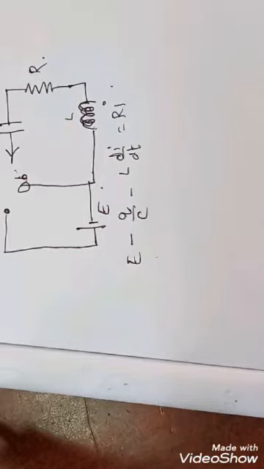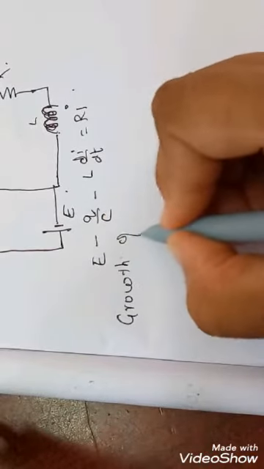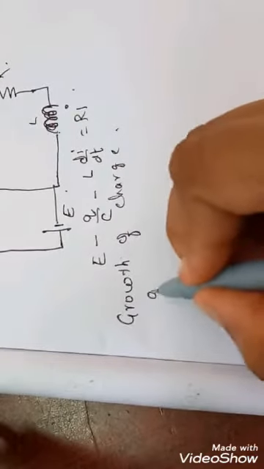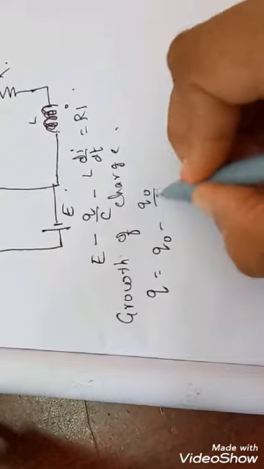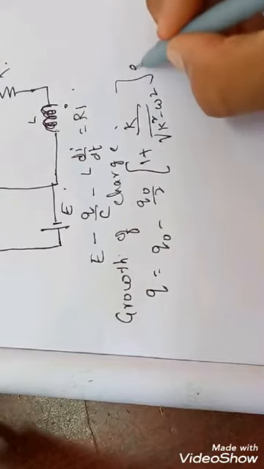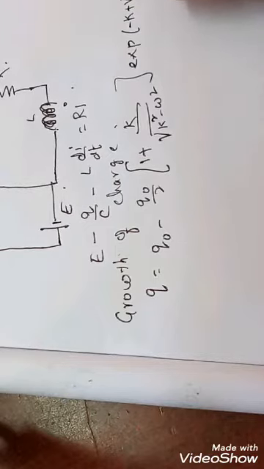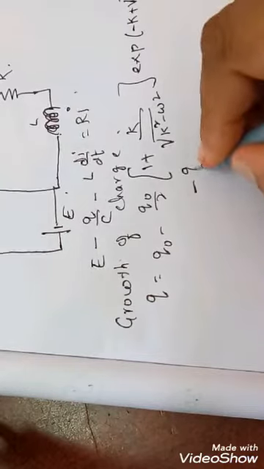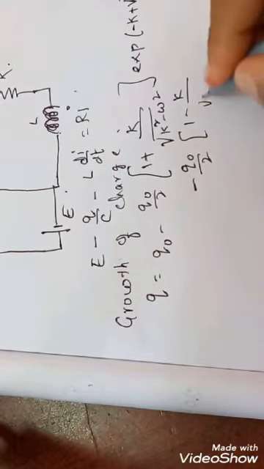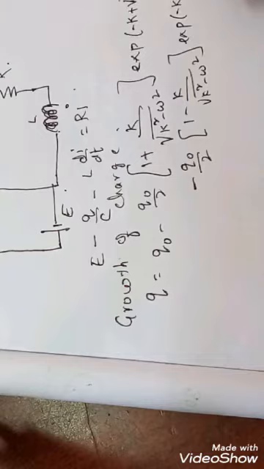E minus Q by C minus L di by dt is equal to Ri. After some calculations, we get the growth of charge in the capacitor: Q equals Q naught minus Q naught by 2 (1 plus K by root of K square minus omega square) e to the power of minus (K plus root of K square minus omega square) t, minus Q naught by 2 (1 minus K by root of K square minus omega square) e to the power of minus (K minus root of K square minus omega square) t.